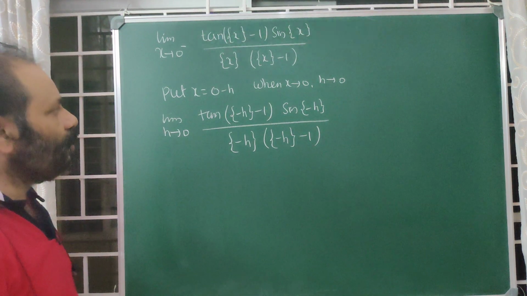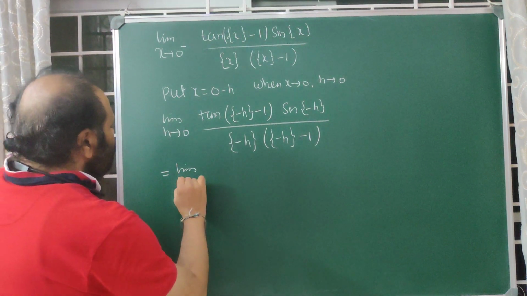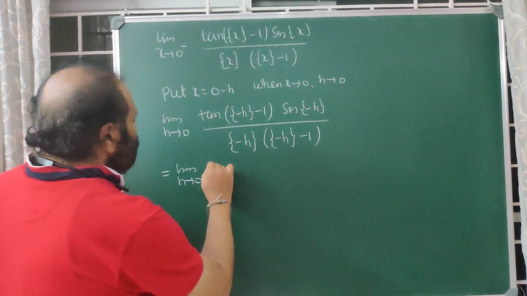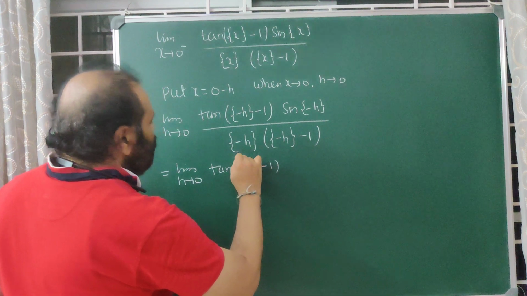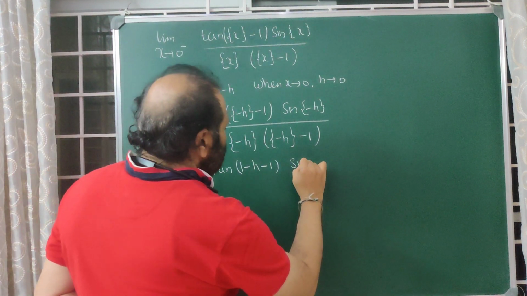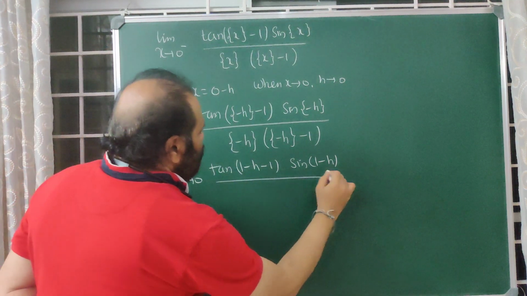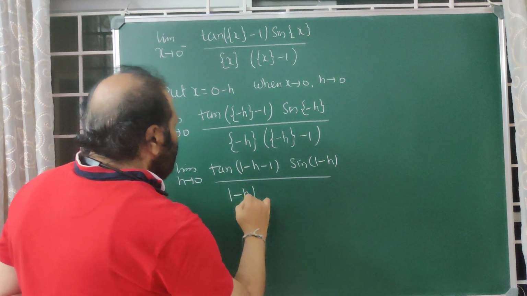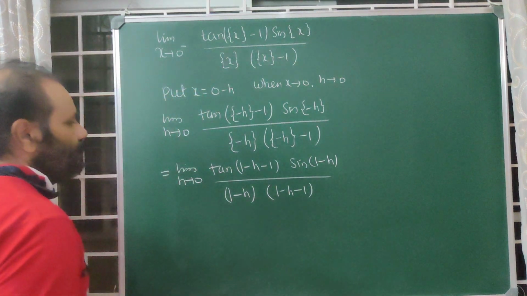Fractional part of minus h is equal to 1 minus h. This is limit h tending to 0 of tan of (1 minus h minus 1) into sin of (1 minus h), divided by (1 minus h) into (1 minus h minus 1).